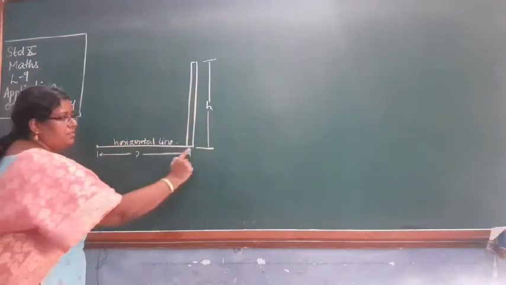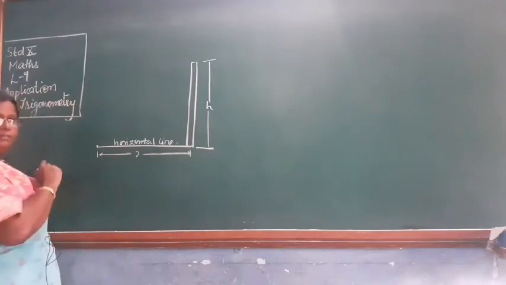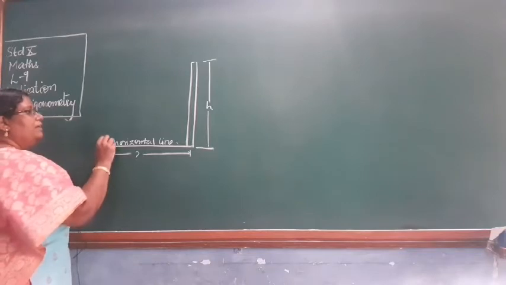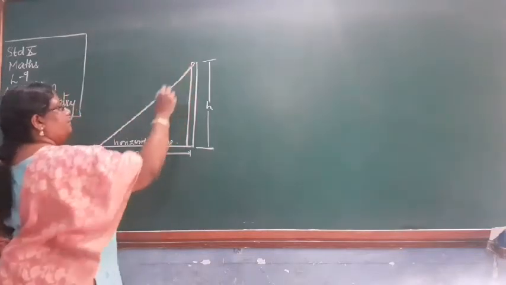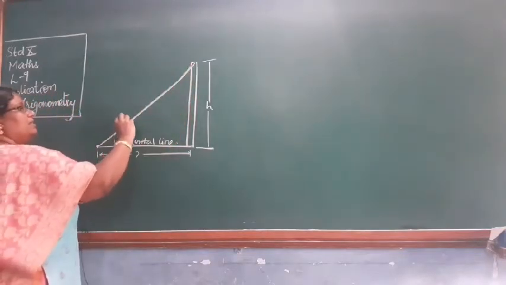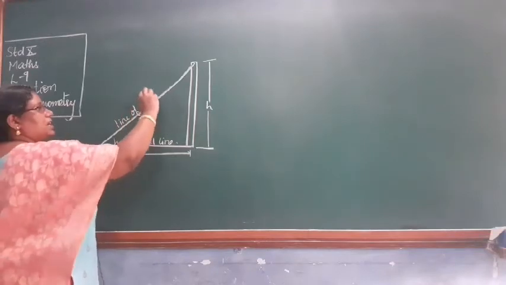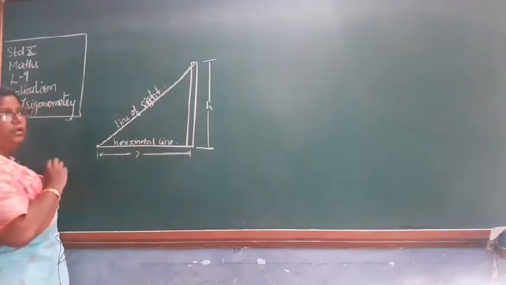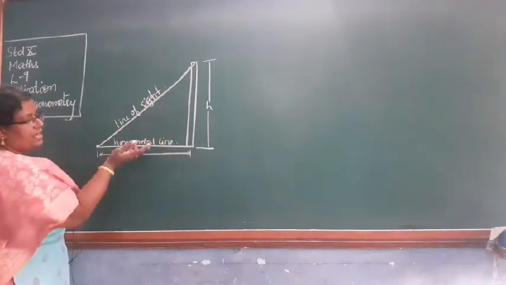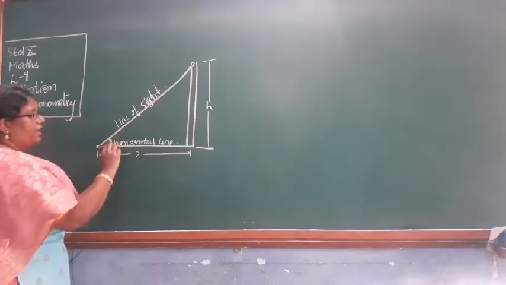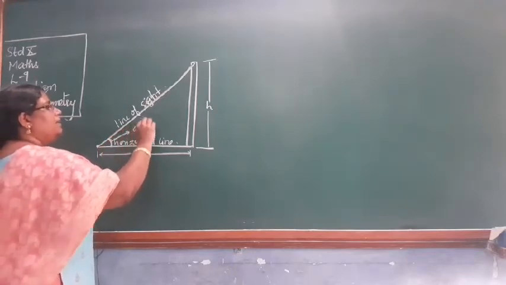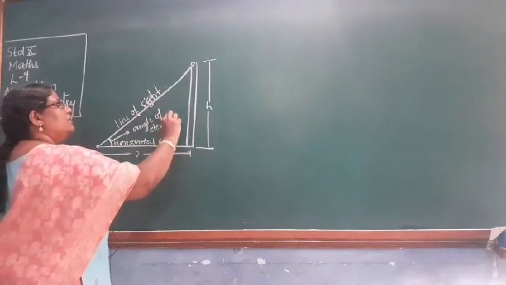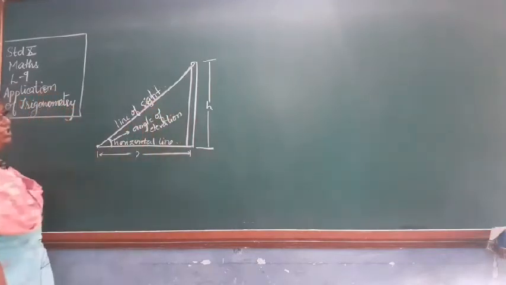This is the distance between the base of the building and the observer, and how the observer is observing the top of the building, this line will be called the line of sight. The angle between the line of sight and the horizontal line, this particular angle, is called the angle of elevation.